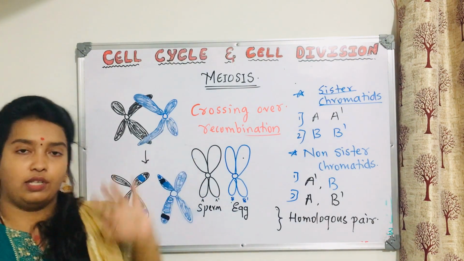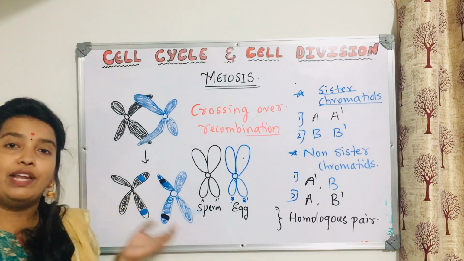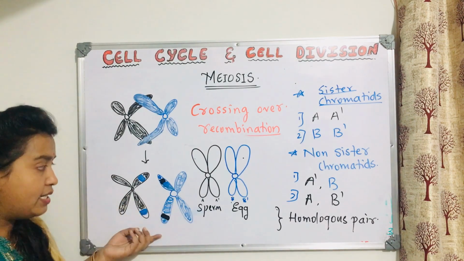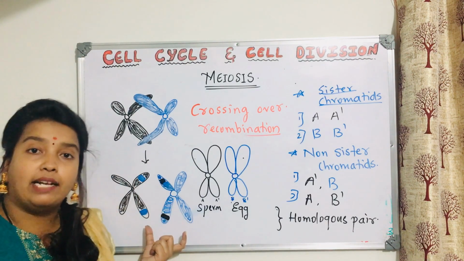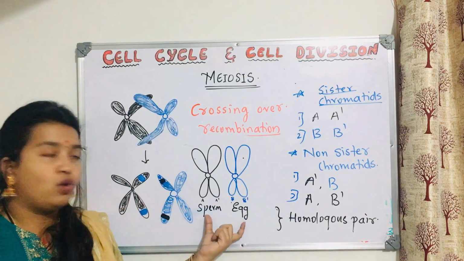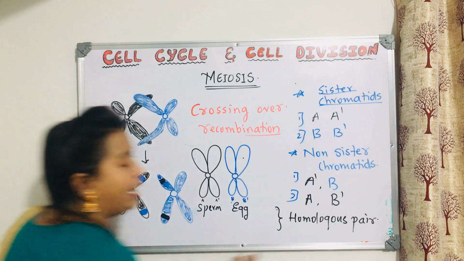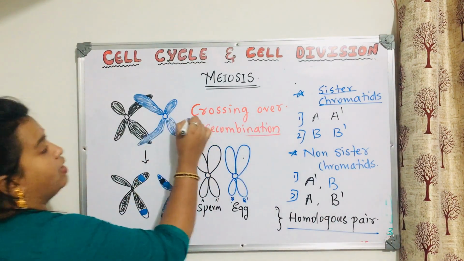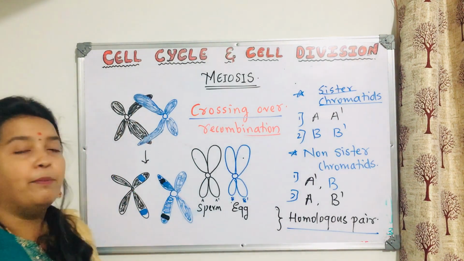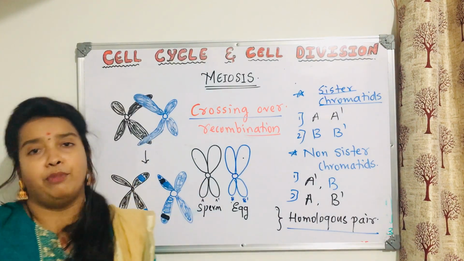Why? Because of crossing over. So this is called recombination of genes. And the pairing, why did this happen actually? This happened because these two chromosomes came together as a homologous pair. So homologous pairing and crossing over, these two are very important parts of meiosis.